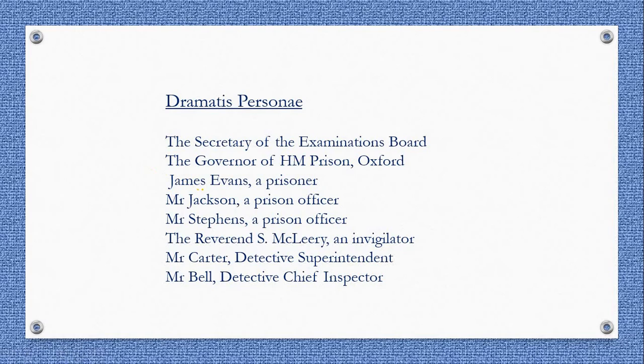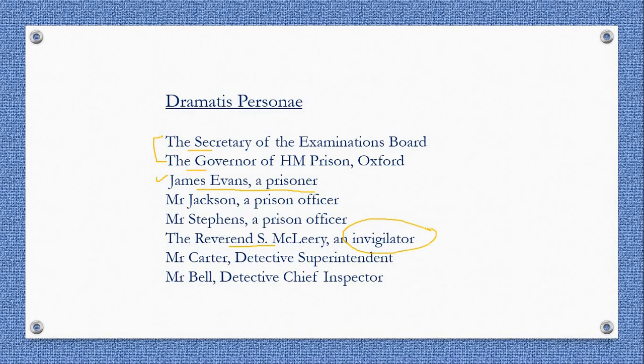The story starts with a telephonic conversation between the governor and the examination board secretary. The prison authorities want to conduct an O-level exam in German language for a prisoner named Evans. The secretary asks about the venue of the exam and also about the invigilator for it.